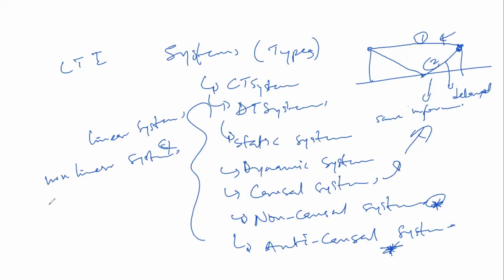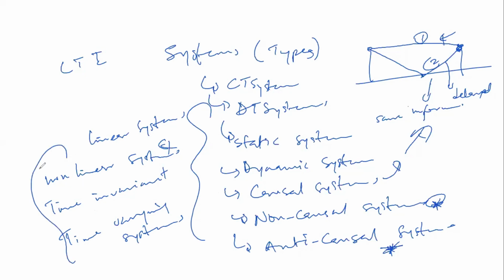Then we can also have time invariant systems and time variant systems, which are time varying systems. And then the idea was to find out whether we have a stable system.